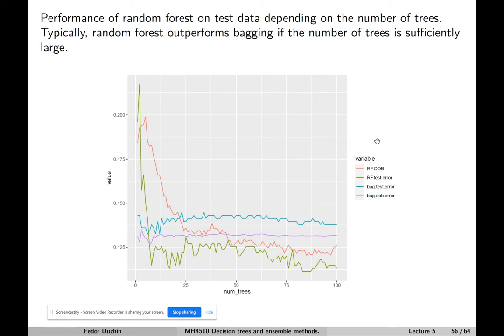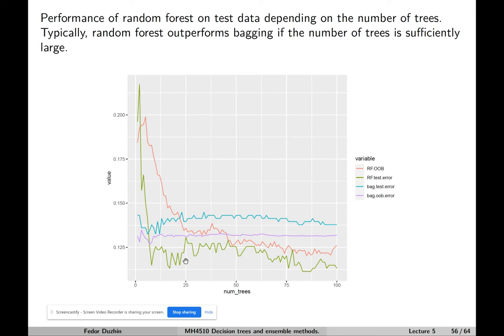And because of that, if you look at these plots, as the number of trees grows, we have plotted the out-of-bag error for random forest and out-of-bag error for bagging, and the same for test error. So you see that in the beginning, since random forest is constructed in a way where its accuracy is artificially worsened, right?